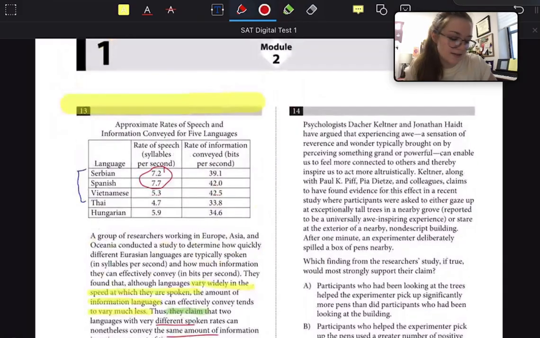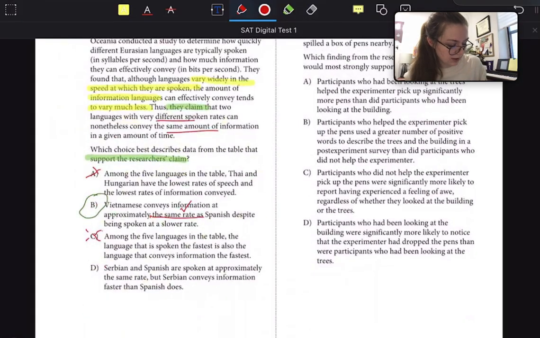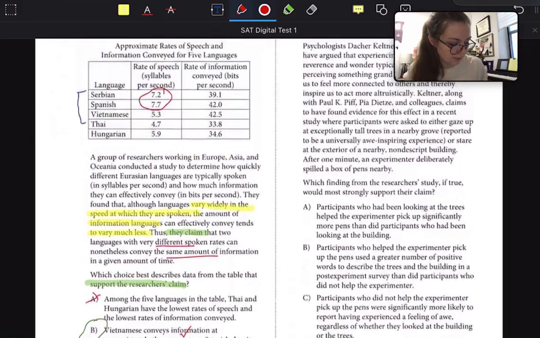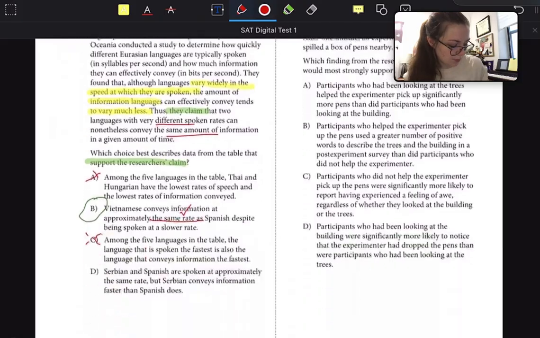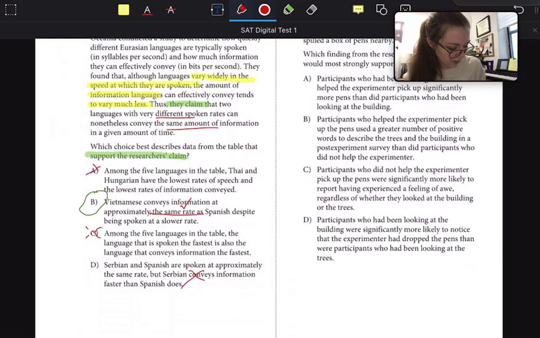So yes, we could say that that is approximately the same rate. And then if we go back down to the question, it says, but Serbian conveys information faster than Spanish does. Let's see. It definitely does not. So by virtue of this part being incorrect, we can rule out this answer.